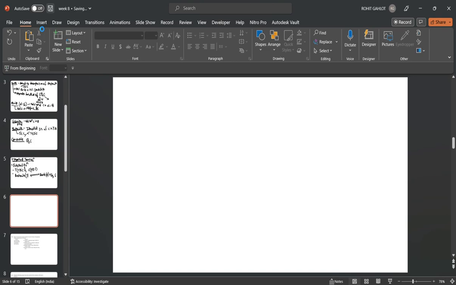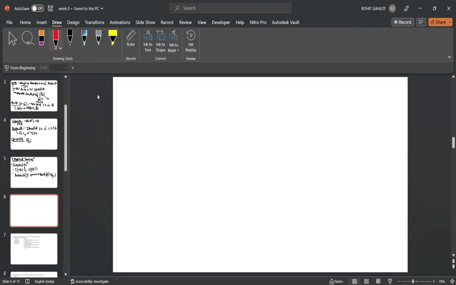Now if we talk about the eutectic reaction, it happens at around a temperature of 1130 degrees centigrade, and the carbon content is around 4.3%.